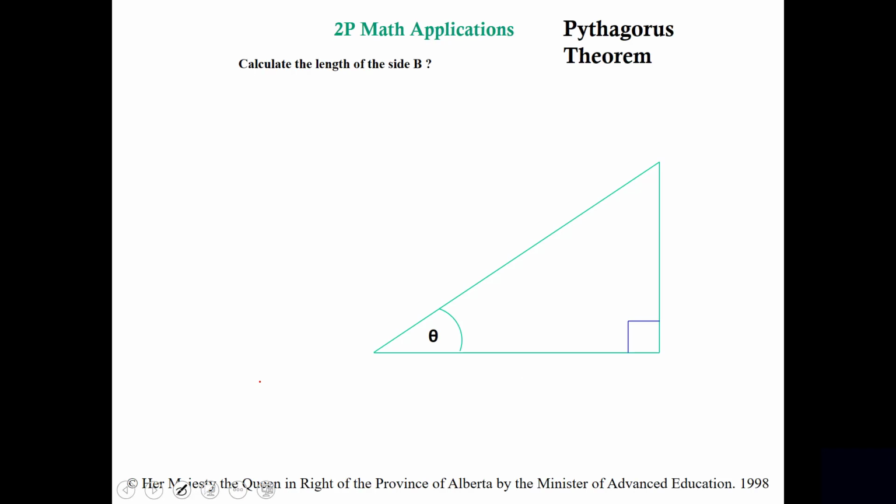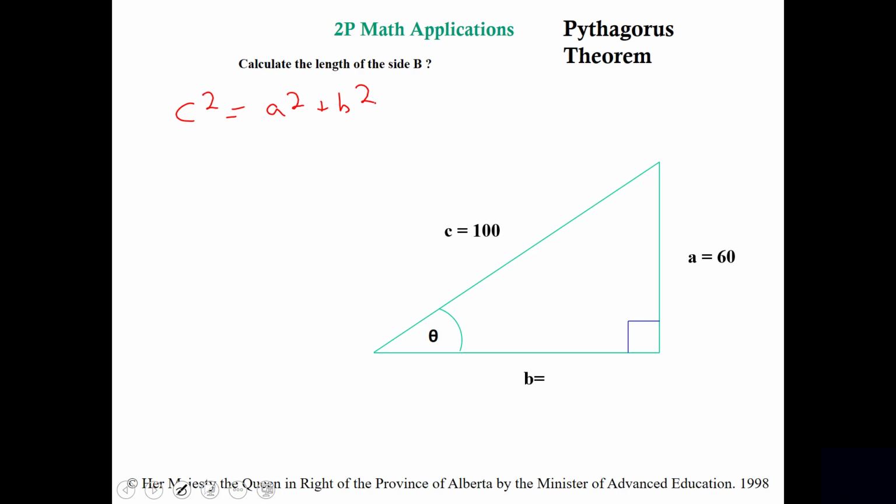Okay, let's try one more here. In this case, we're going to determine the length of side B. We have a hypotenuse value of 100, and the vertical side is 60, and we want to know what side B is. Once again, we are going to start with our basic formula: C squared equals A squared plus B squared.